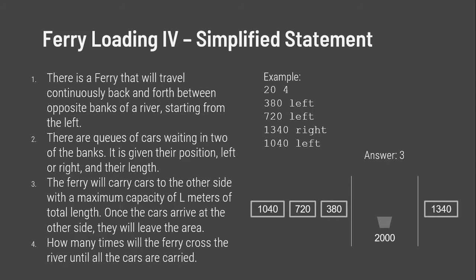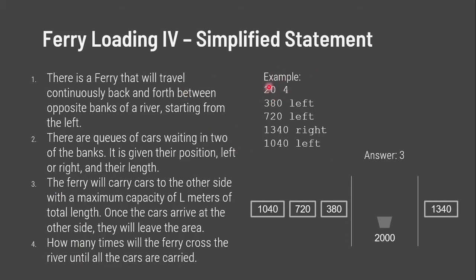The ferry will carry cars to the other side with a maximum capacity of L meters in total. Once the cars arrive at the other side, they will leave the area. The question is, what is the minimum number of times the ferry should cross the river until all the cars are carried? So let's see the example on the right here.